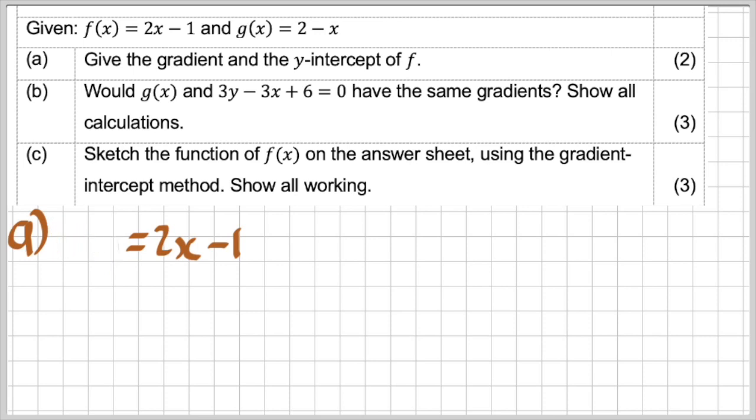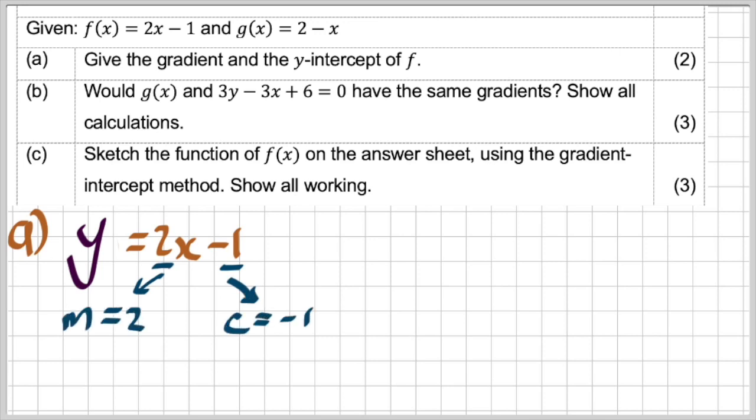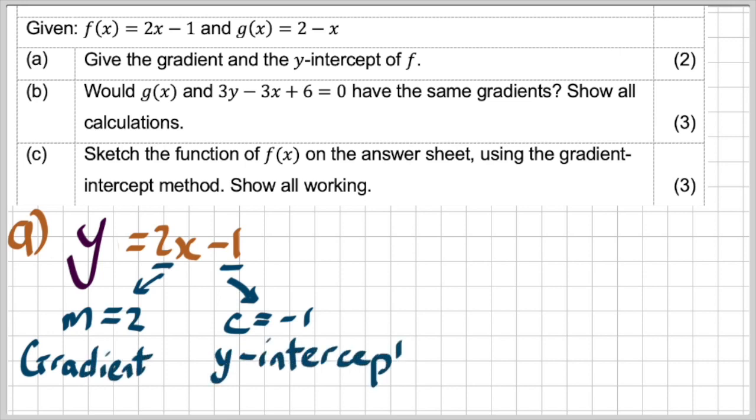That's just a very important little note. So is the y alone, isolated? Yes, it is. So I can read off the m value and the c value, with the m value, of course, being the gradient and the c value being the y-intercept.